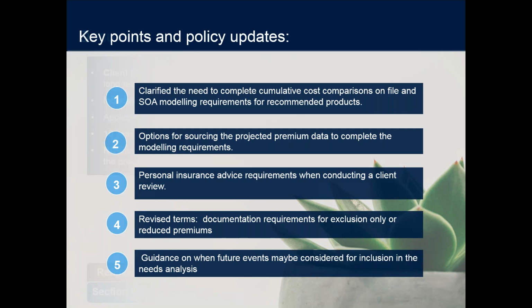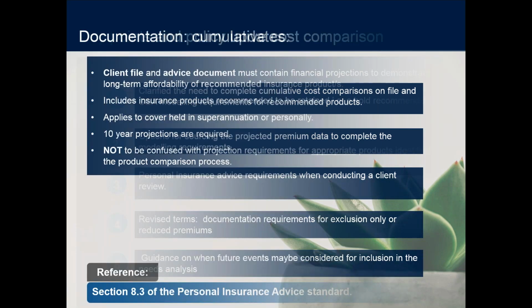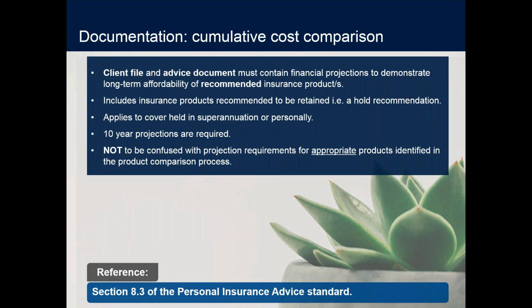Let's start first of all with the documentation requirements for the cumulative cost comparison. The client file and the advice documents, as we know, must contain financial projections, and the main reason for that is we needed to check to understand the long-term affordability of those policies for the client.